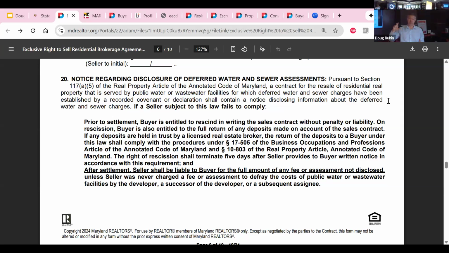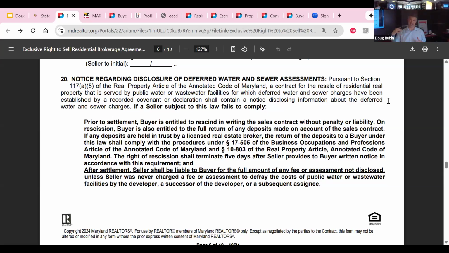So they record something on the land record so it attaches to the house, not to a specific owner. Any owner of that house for the next, let's say, 30 years, has to pay $600 a year towards that fee.